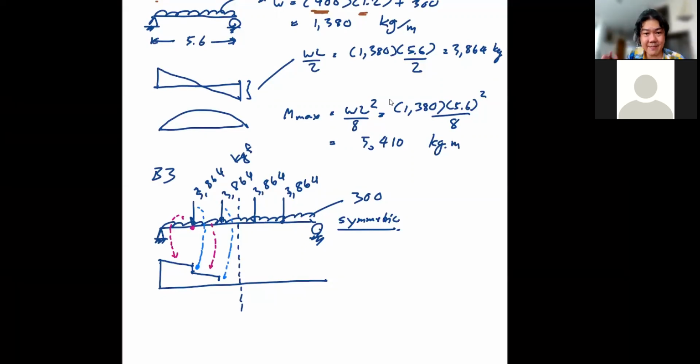And now because of the symmetry, you know that your maximum moment is going to be in the middle, right? Knowing that much, you should also know that to have the maximum moment at the middle, your shear here must be 0. So no matter what you do, this is what your shear force diagram should look like.